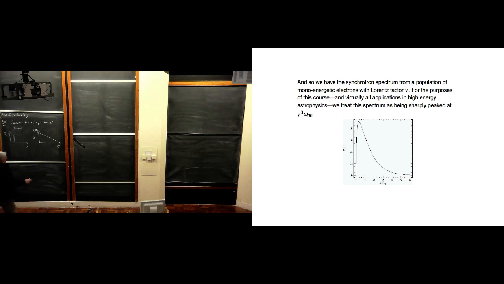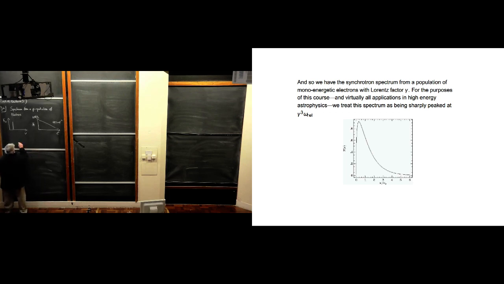energies. And as we discussed previously, we imagine that if first order shock diffusive acceleration is the mechanism, then we'll find N of E is proportional to something like E to the -2 in the simplest, easiest to calculate case. So if you convolve the two of those, you'll end up with the synchrotron spectrum that you would expect from the whole population.